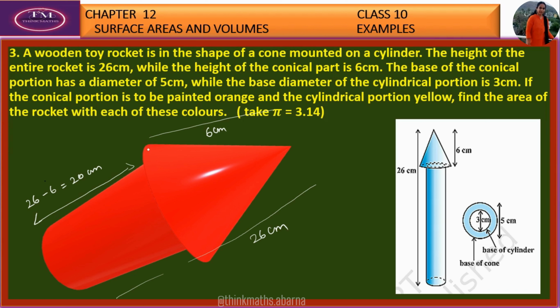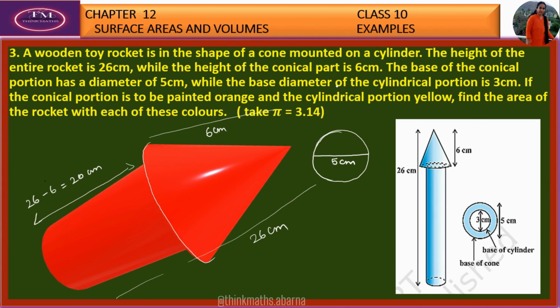This is the base area, which is a circle. So the cone has a circular base area with a diameter of 5 centimeter.